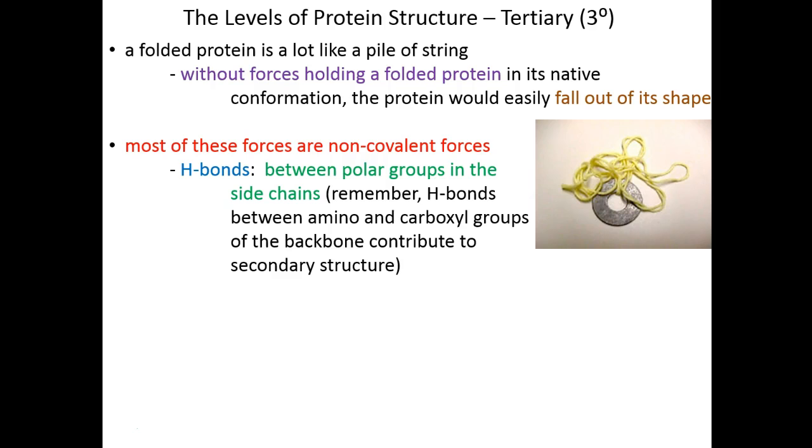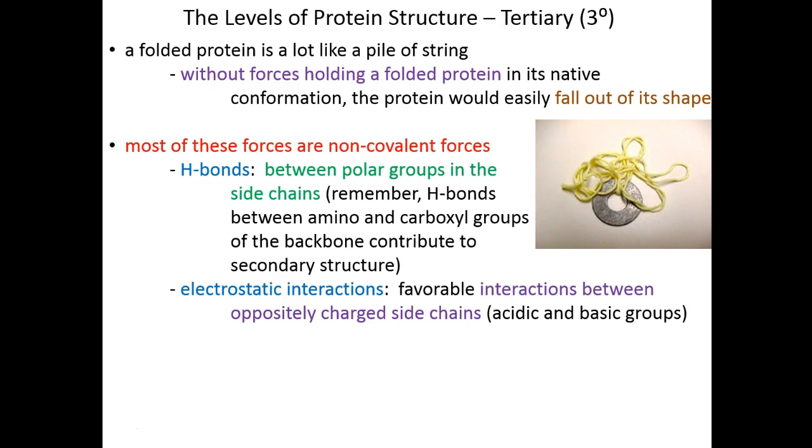Remember, if we're talking about hydrogen bonds between amino and carboxy groups of the peptide backbone itself, we're talking secondary structure stabilization. If we're going to have tertiary structure stabilization, those hydrogen bonds must solely be between the side chains, the variable groups.